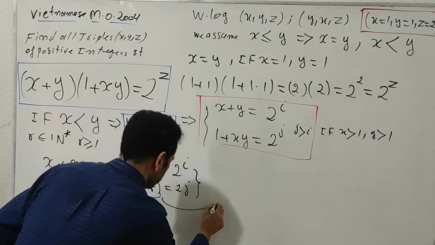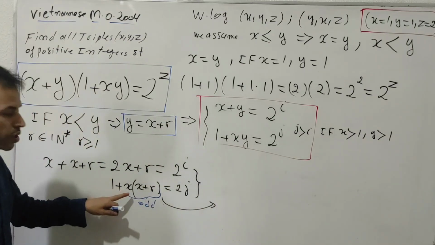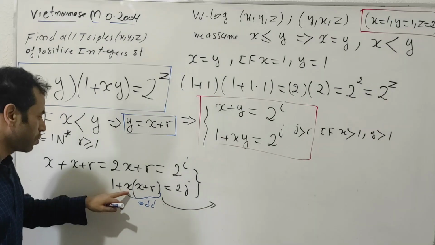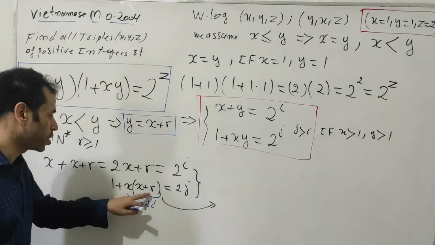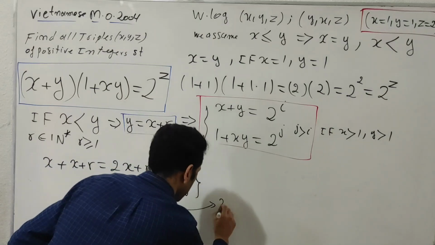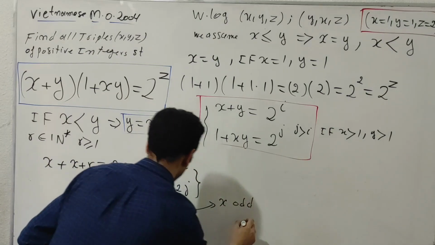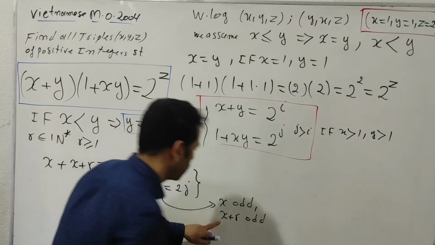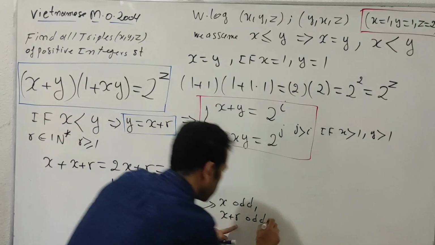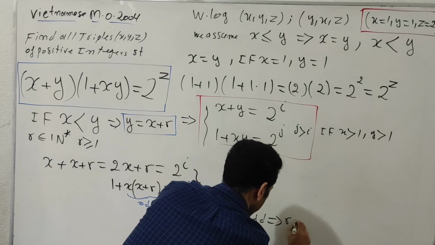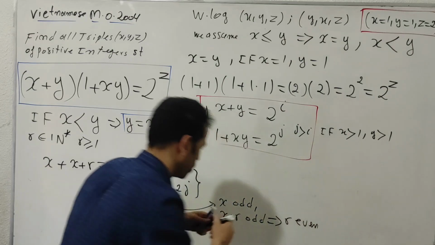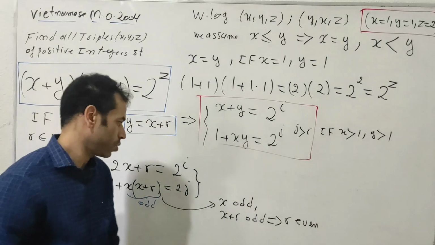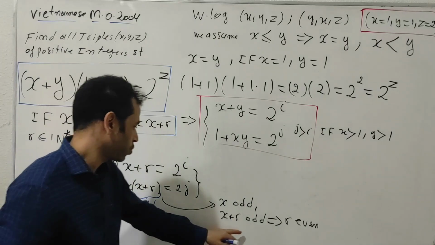If this is odd, that means x is odd and x plus r is odd, because odd multiplied by odd always gives us odd. So x is odd and x plus r is odd. If x plus r is odd, r must be even, because even plus odd always gives us odd. So I know the parity of x and r.